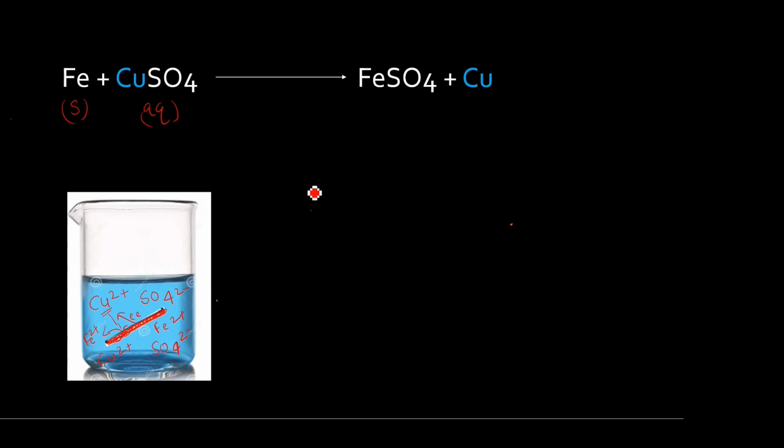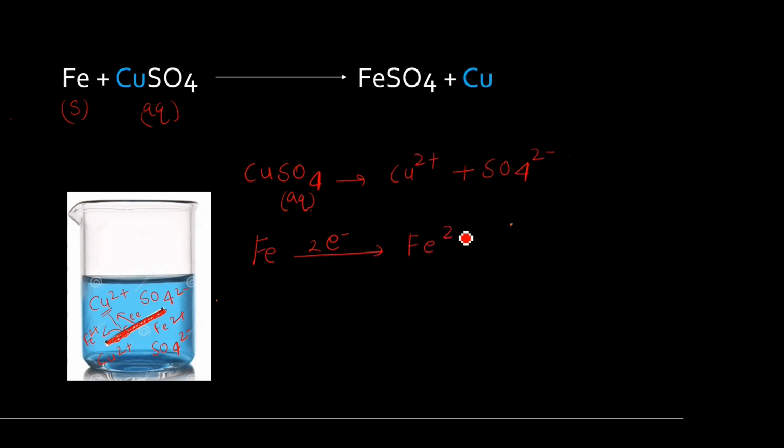So here I am writing the copper sulfate aqueous dissociates into copper ions and sulfate ions in the solution. Iron will lose electrons and forms Fe2+ ions. These electrons are accepted by the copper ions and they start depositing as a brown layer on the surface of the iron metal solid.